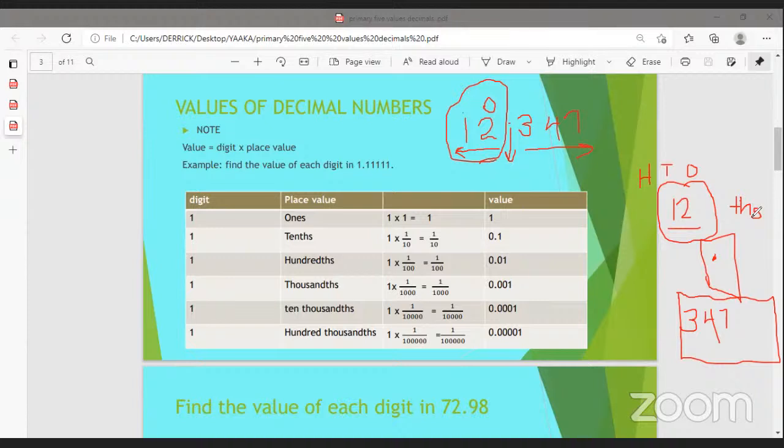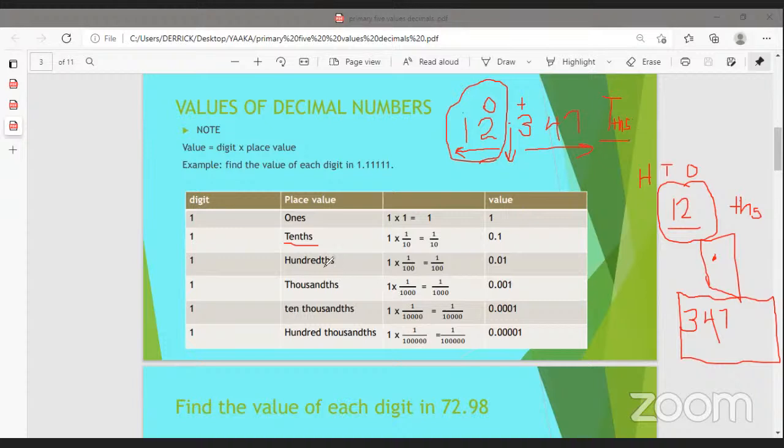So the first digit after the decimal point will be tenths, and it can be abbreviated as T, H, S. That's how it can be abbreviated.